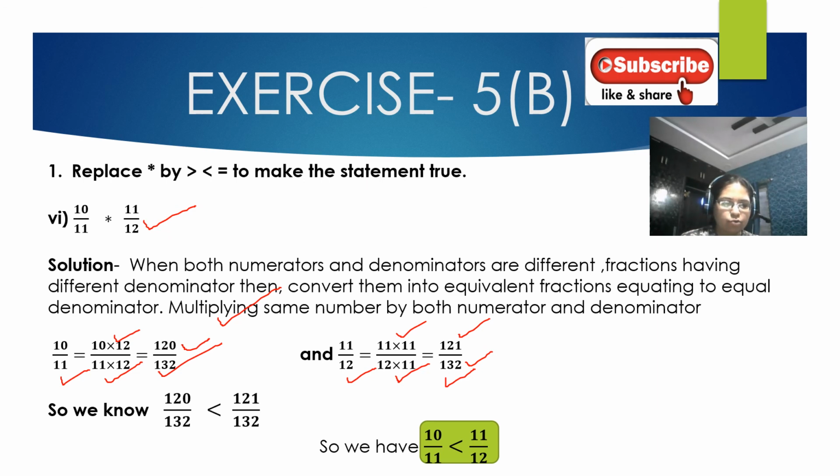So 120 divided by 132 is less than 121 divided by 132. 120 divided by 132 is the equivalent fraction of 10 divided by 11, and 121 divided by 132 is the equivalent fraction of 11 divided by 12.